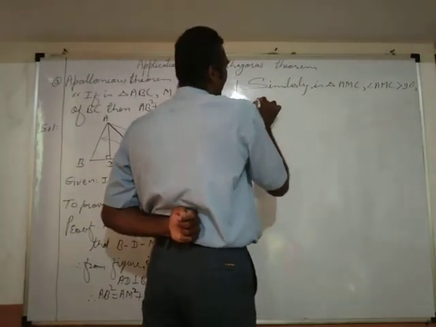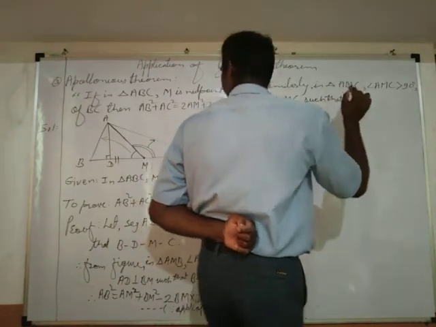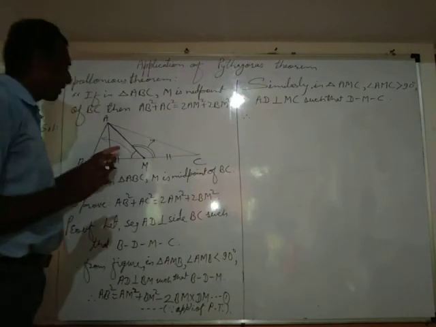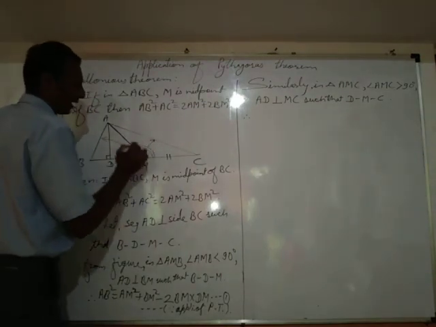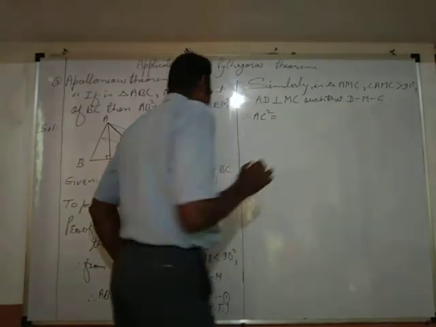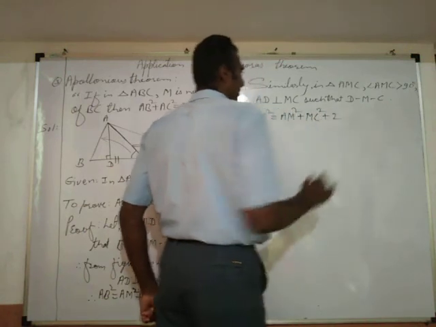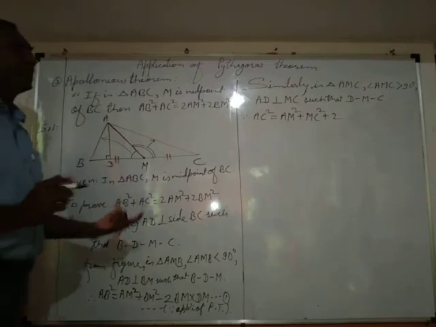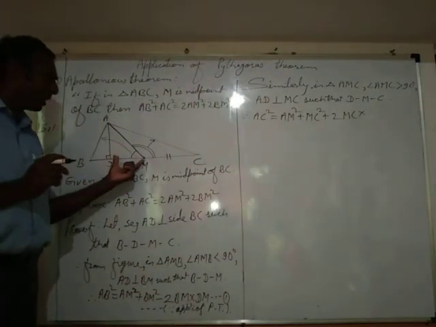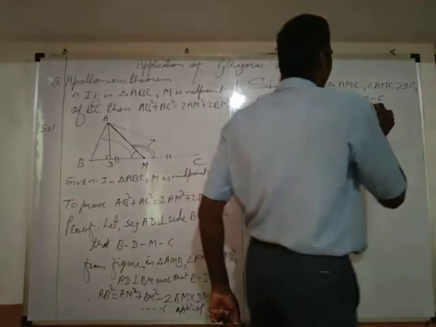Okay, then AD perpendicular MC such that D-M-C, and therefore by application of Pythagoras theorem, square of the side opposite to obtuse angle, angle AMC is obtuse angle and side AC is opposite to that obtuse angle, therefore AC square equals sum of the squares of the remaining two sides, means AM square plus MC square plus twice of the side on which perpendicular is drawn, means MC into the part adjacent to that obtuse angle and foot of the perpendicular, that is DM. Okay, what's that? DM.